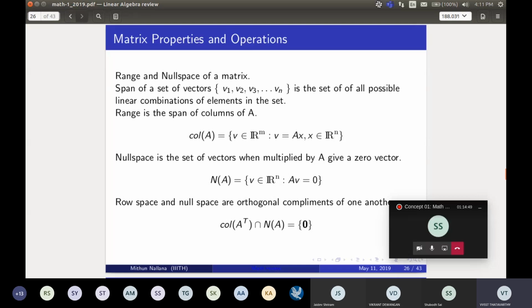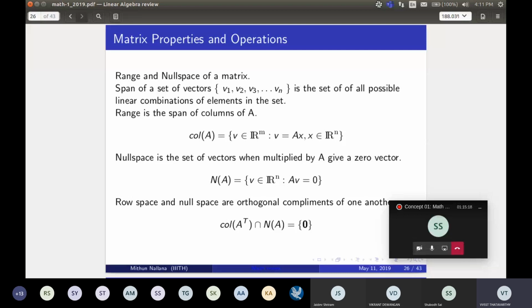Now you have something called the range and null space of a matrix. You have the span of vectors, and we have come across vector spaces. Now what about the spaces of matrices? There is something called the column space and the row space. They are pretty obvious if you understand the vector space, the span, dimensionality, and the basis of a vector space.